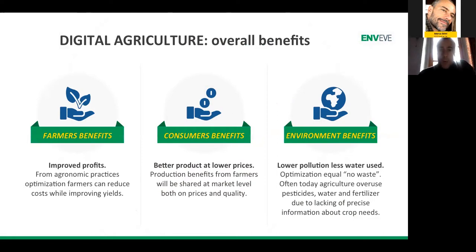Overall benefits are throughout the whole value chain, from the farmers, who can improve their profits, to consumers, who can have a better product at a lower price, and the environment at the end. We can reduce pollution levels and optimize the use of water.